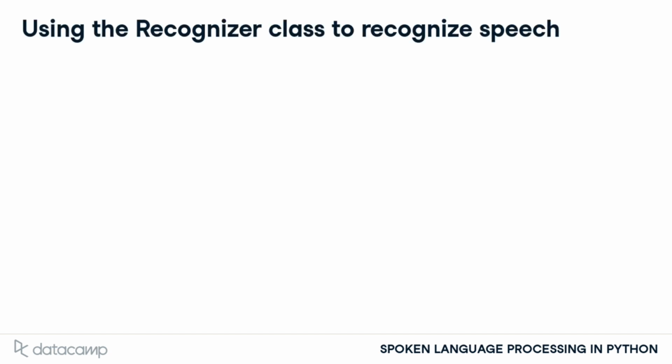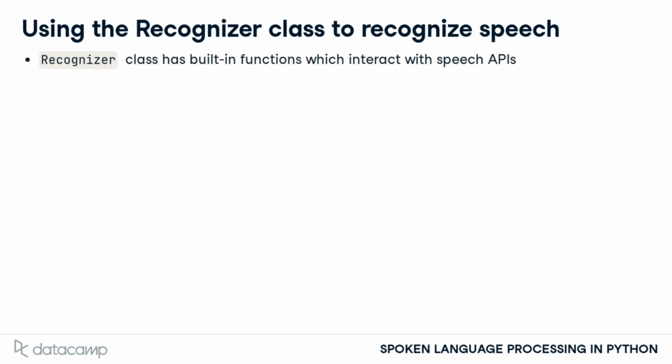Now we've got a recognizer instance ready, it's time to recognize some speech. We chose speech recognition for its flexibility. Here's what I mean. Speech recognition has functions built in to work with many of the best speech recognition APIs. Recognize Bing accesses Microsoft's cognitive services.